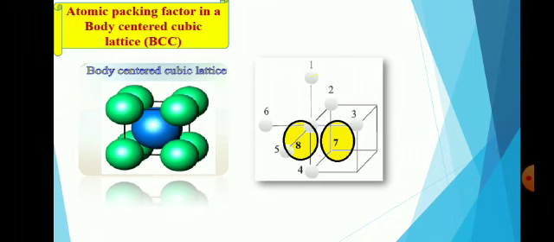Now for the coordination number in the body centered cubic lattice: the maximum number of nearest neighbors of each sphere or atom is called the coordination number.